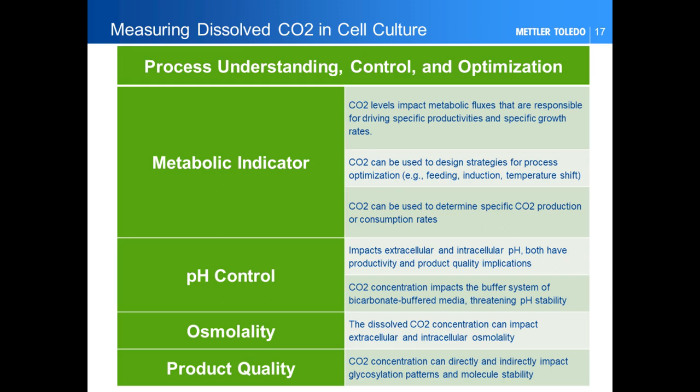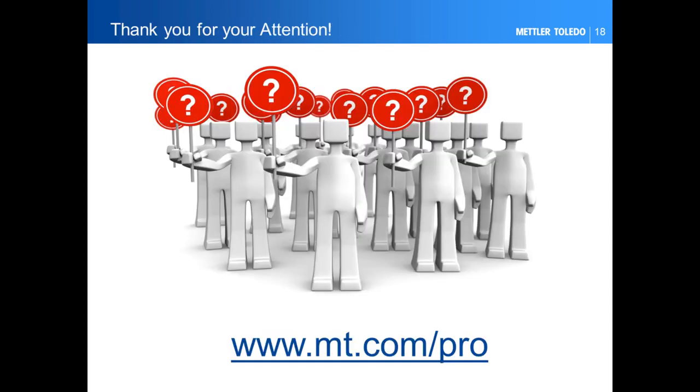Finally, as with ORP variation in culture media upstream, dissolved CO2 is beyond the value of a CPP alone, but also a critical stress factor to better qualify from a quality perspective, along with other forms of stress factors like the generation of ROS or RNS. I think that ends my presentation for today. Thank you for your time.